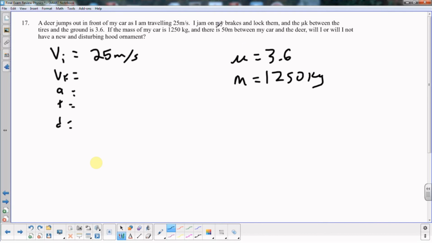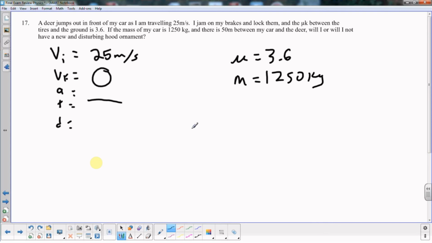I hope that my velocity final is going to be 0. I don't know my acceleration, but I know I have 50 meters between me and the deer. Don't fall into the trap of putting 50 here. The fact of the matter is, 50 meters is what you're shooting for. It's not what you're solving for. And that will become evident in a second. I need to find the acceleration.